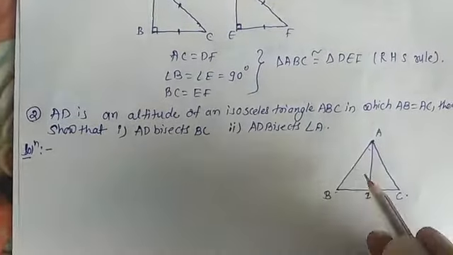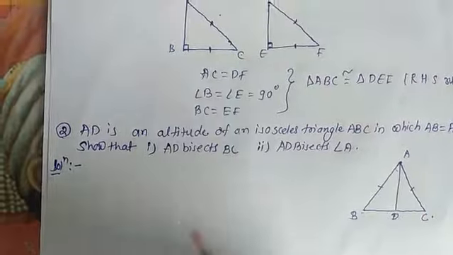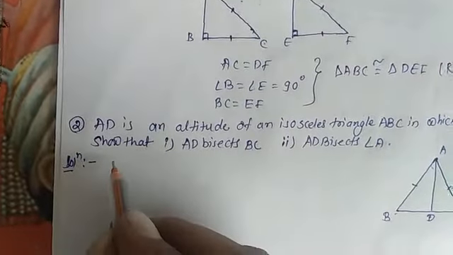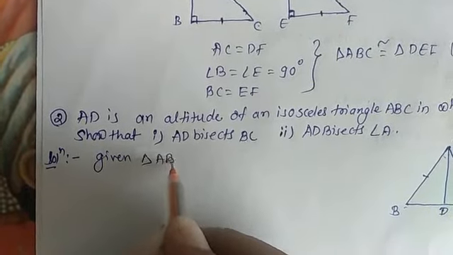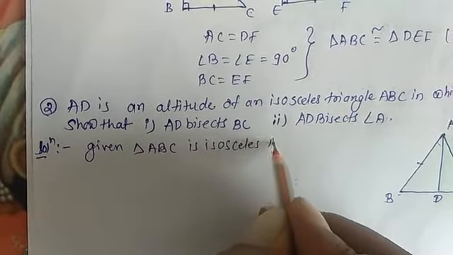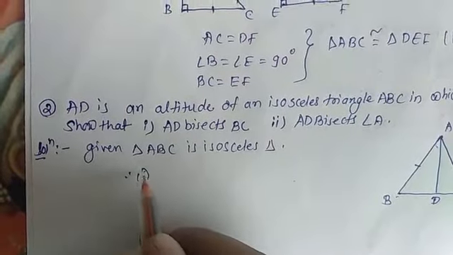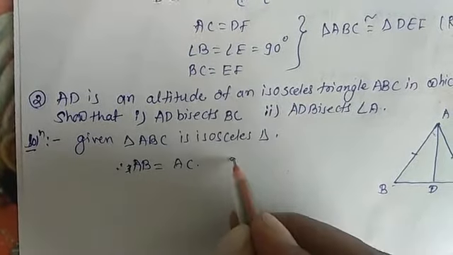Now for that, we show these two triangles are congruent. Here it is given that triangle ABC is an isosceles triangle. Therefore AB is equal to AC. It is a given part.